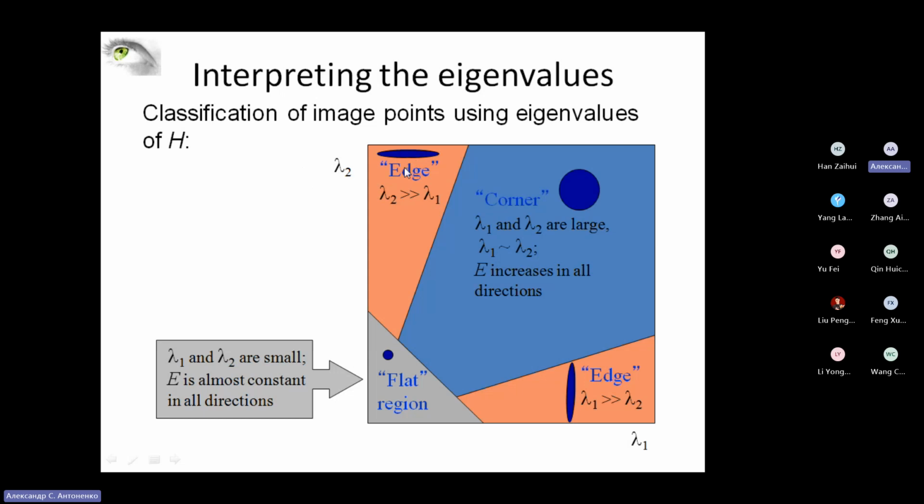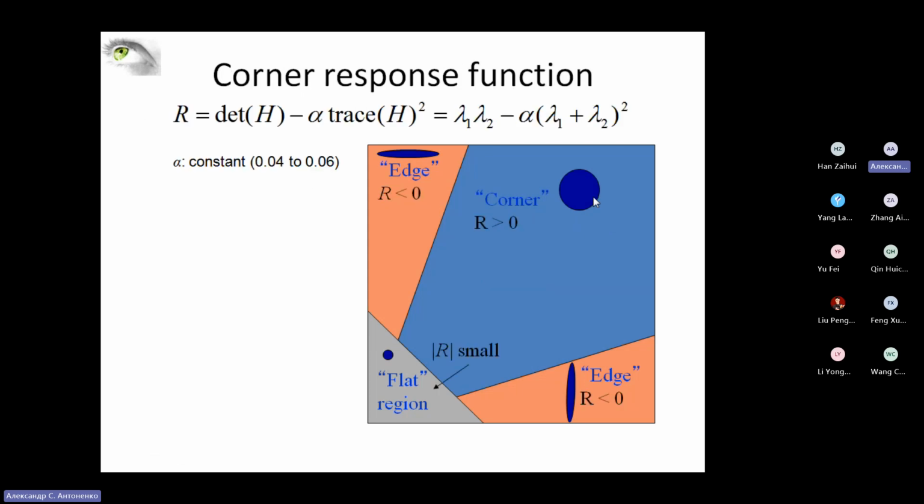So we have an edge. But if both numbers are large, and very important, not only large but approximately similar, so we have change in all directions, and these ellipses look like a big circle, then we have a corner, or in this case a key point feature. So we can extract a feature from this key point.